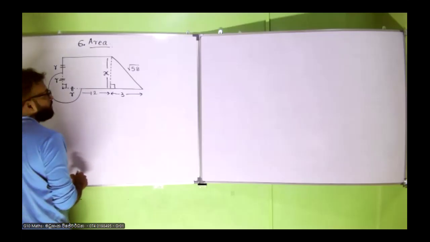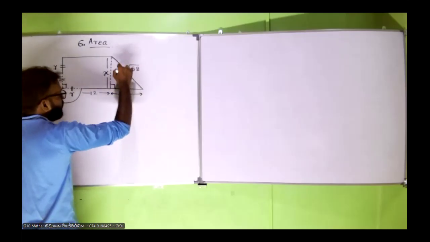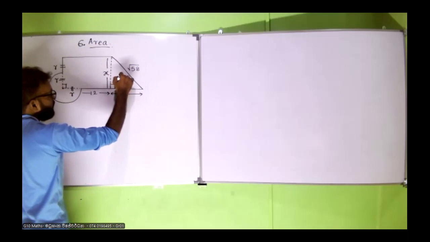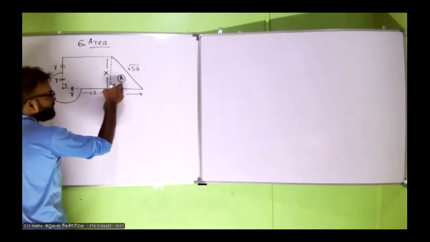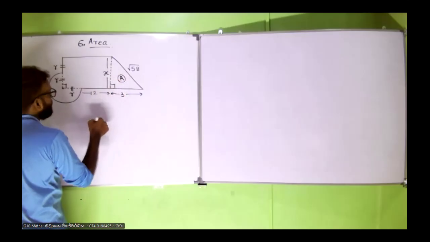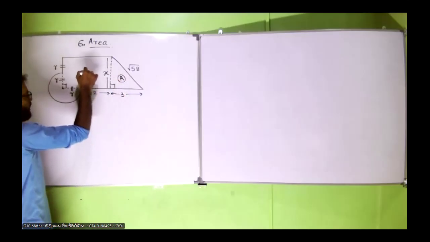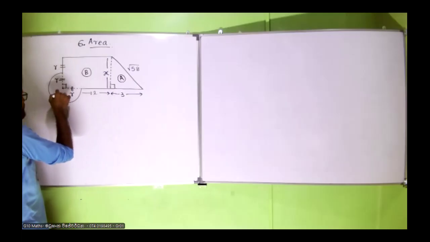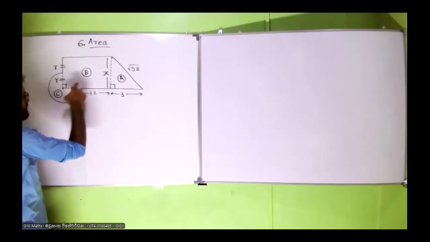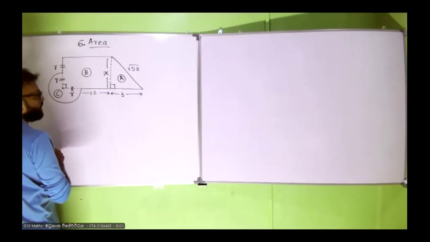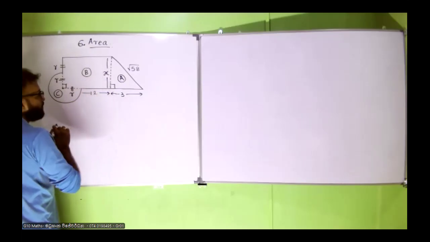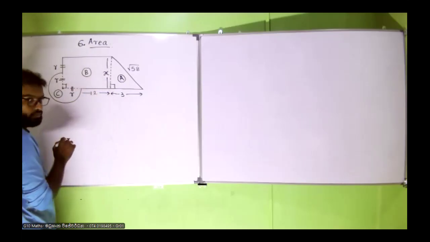Right. So I am going to apply the Pythagorean relationship for my triangle A. For my easiness, I have named this as A, this rectangle as B, this part as C. A, B, C. I am going to find the area of A, area of B, area of C, so that I can find the total area of the figure.